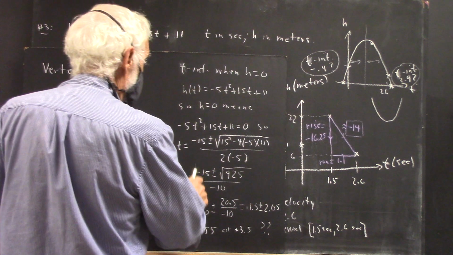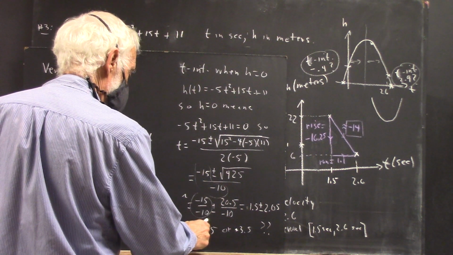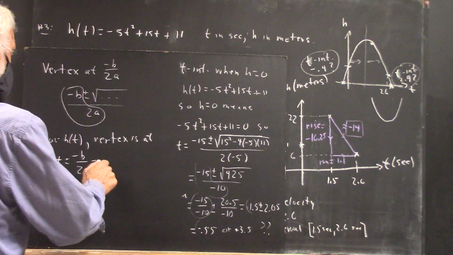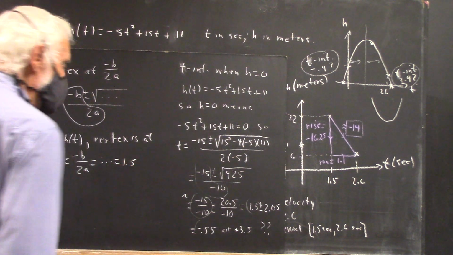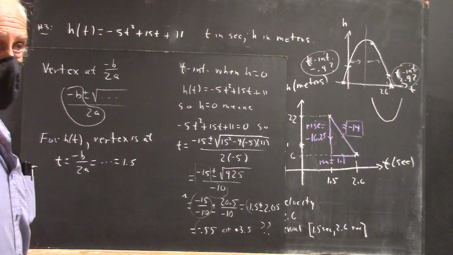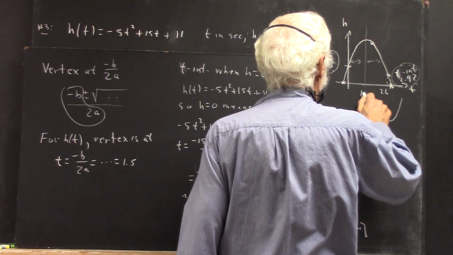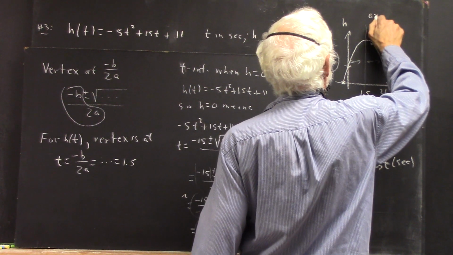Well, you know, that's here. And of course, that simplifies to this and to this. And you're going to get 1.5. So now this point is where t equals 1.5. This is called the axis of symmetry.